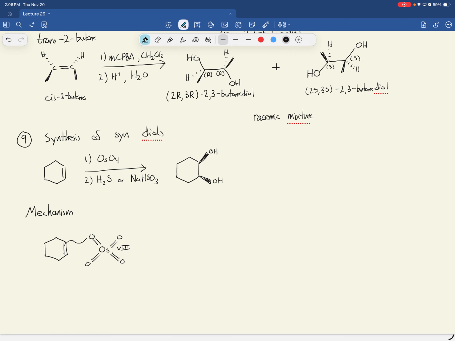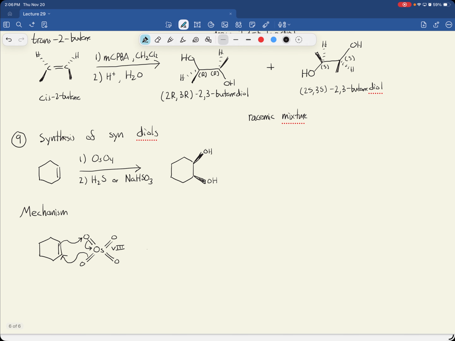So what happens here is that the double bond is going to attack one of these oxygens. This is going to go back to osmium. And this pushes these electrons to form a bond with the oxygen atom. So now you're going to have this complex. And so what happens is you draw the resulting intermediate.